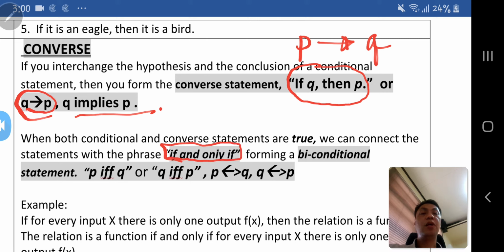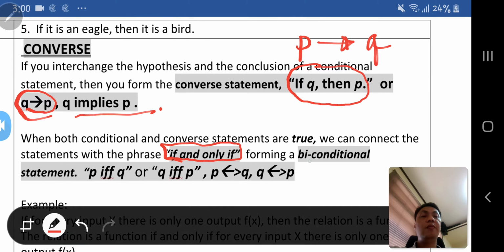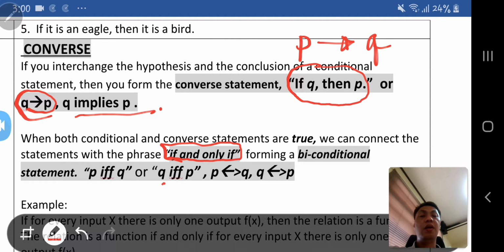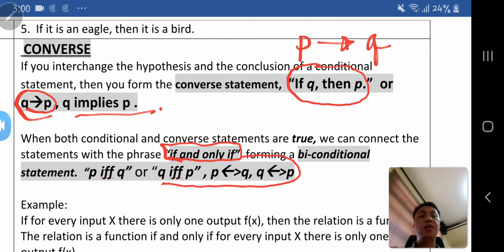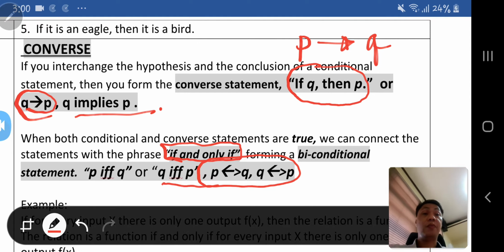Kapag pareho raw true, we can form the biconditional statement by placing the phrase if and only if doon sa dalawang statement. Or in symbol, this is the symbol for a biconditional statement.